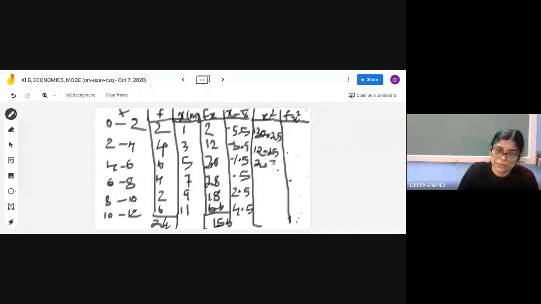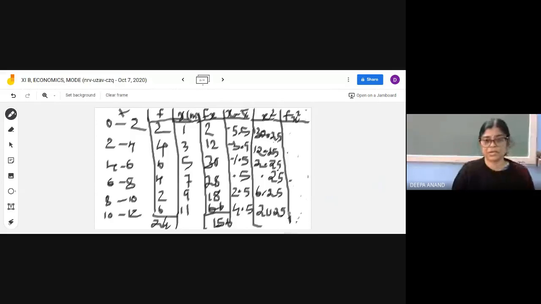This is 0.25 because 5 fives are 25, 2 decimal. 6.25, because 25 into 25 is 625. 4.5 squared is 2025, so 20.25. So these are the squares.